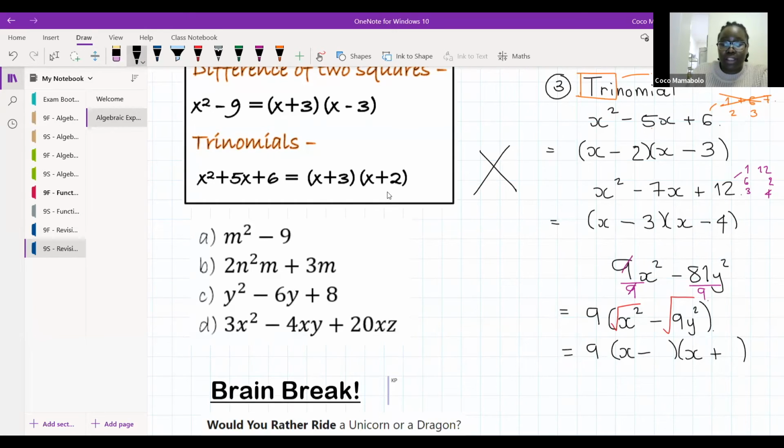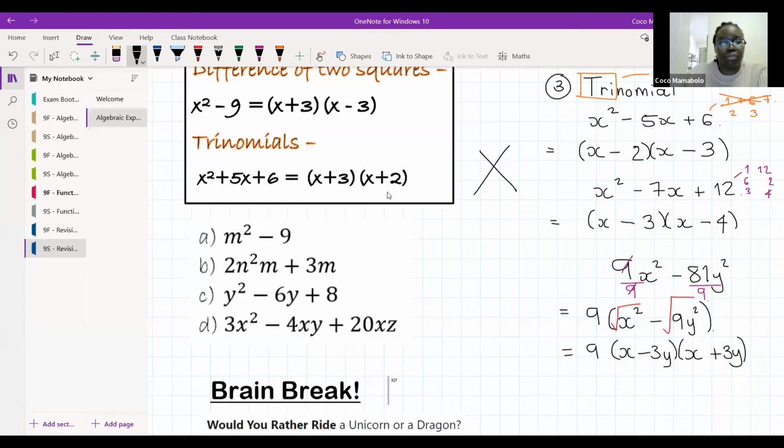Now, Fatima, what is the square root of 9? 3. Good. What is the square root of y squared? y. So this now needs to be 3y, because you took the square root of 9y squared. Now, if I put 3y over here on this bracket, I also need to put 3y in the other bracket.